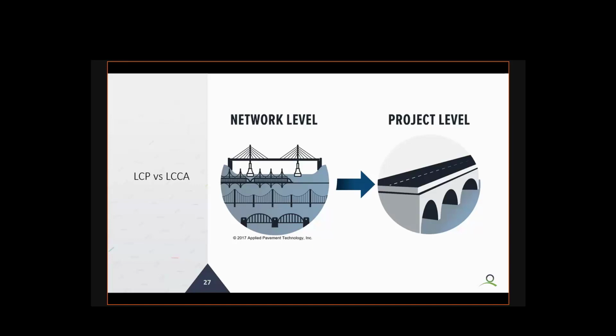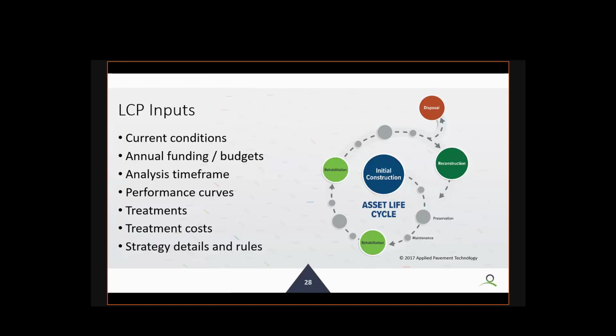So instead of talking about one section of pavement or one bridge or one area where you have lots of project level detailed information and you've already done significant engineering investigations to really understand the situation, and you've already done public outreach and all of that, life cycle planning is done at your network level. Before the project planning stage, it's network level planning. So let's go to the next slide.